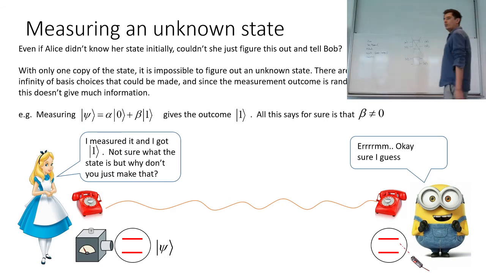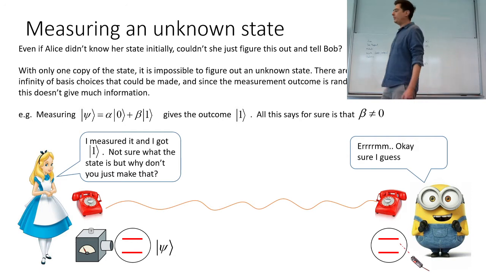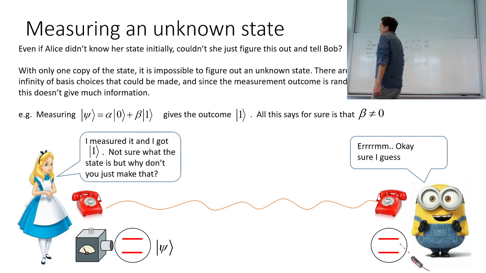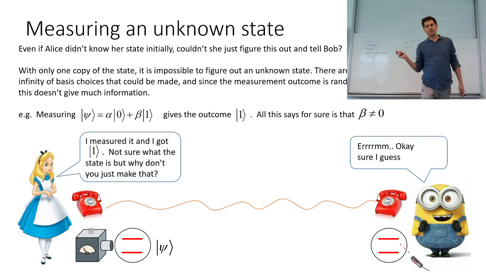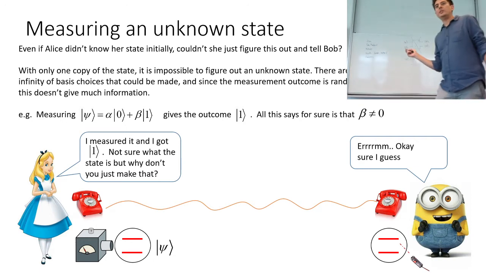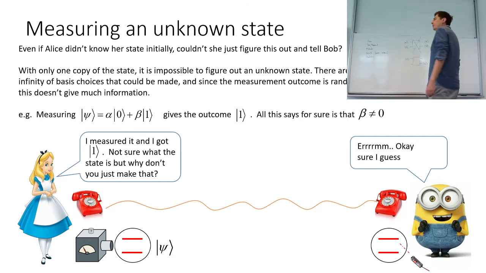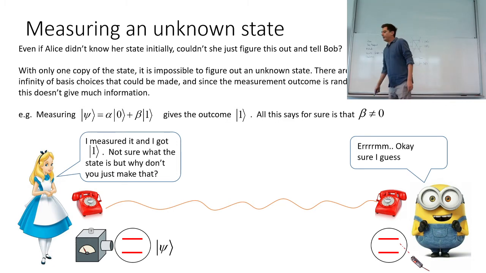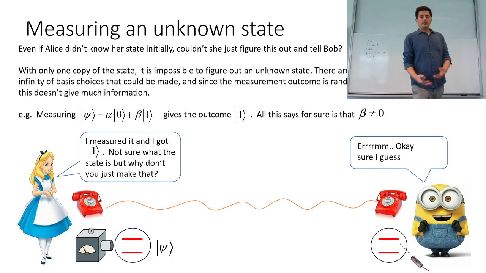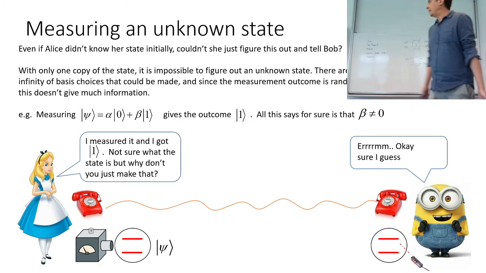Alice may not know what the state is at the beginning, but why doesn't Alice just go and measure it, figure out what the state is, and then tell Bob what the state is? That seems like a reasonable thing to do, particularly classically, because you can always figure out what the state is.